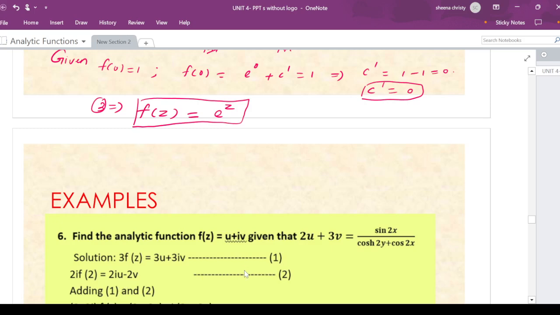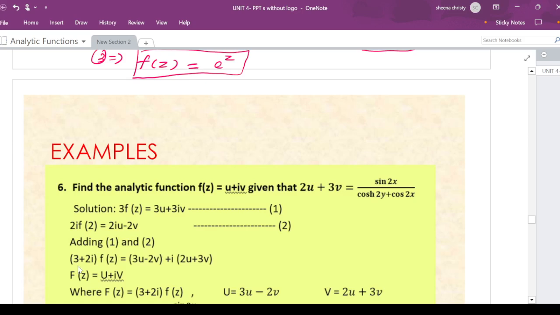Adding equations 1 and 2, you will get (3 + 2i) f(z) = (3u - 2v) + i(2u + 3v), separating the real and imaginary parts. So it is our choice. Here we got it as the imaginary part, but if you multiply f(z) by 2, you may get it as the real part.